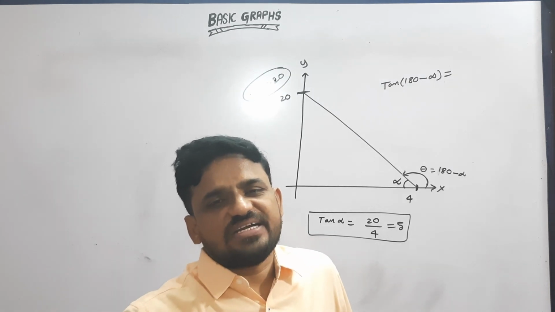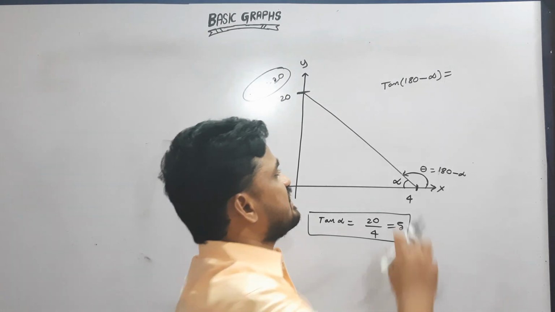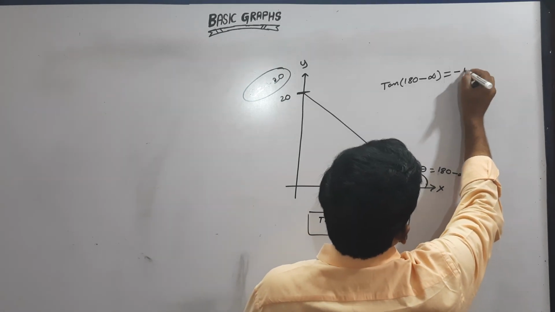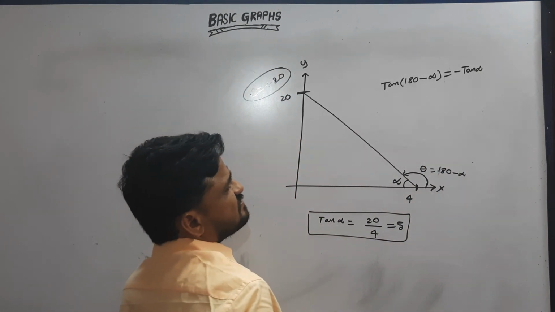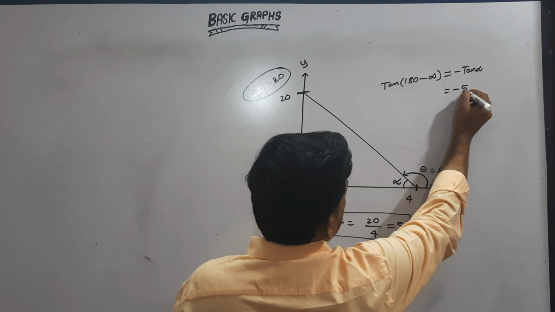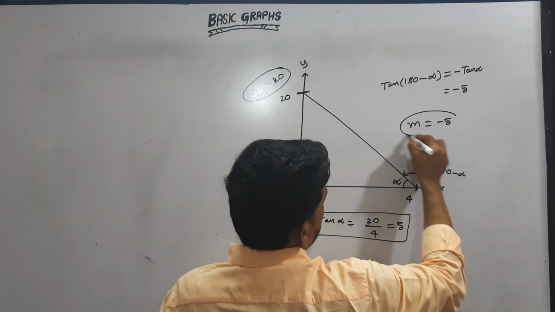In the second quadrant, sine and cosecant are positive. Tan of 180 minus alpha means minus tan alpha. So minus tan alpha value is minus 5. So here the slope m equals minus 5.